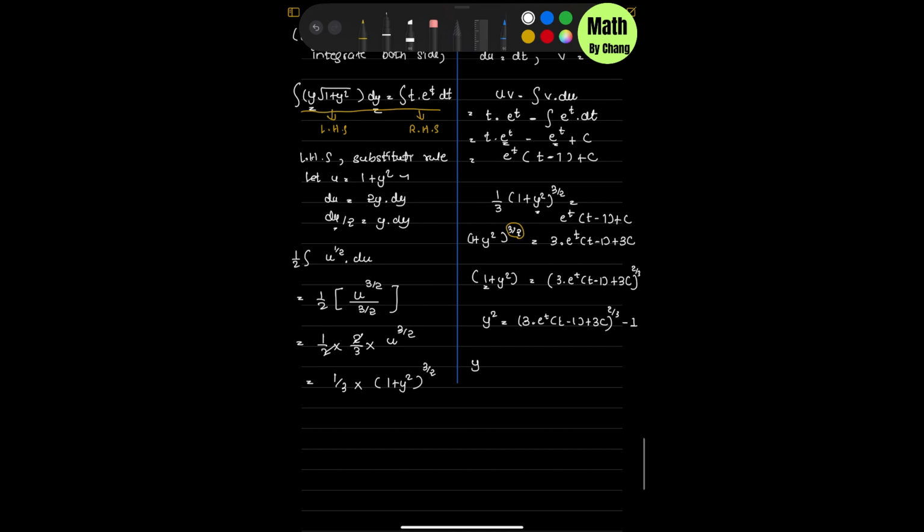And we want to find y, so y = ± √((3 e^t (t − 1) + 3c)^(2/3) − 1). Okay, so this is the value we are looking for.